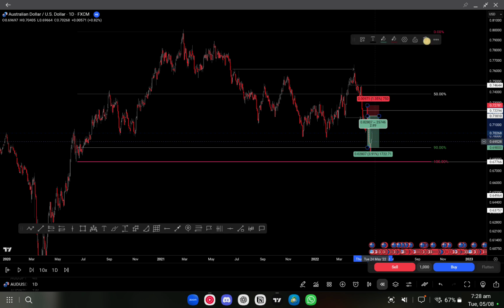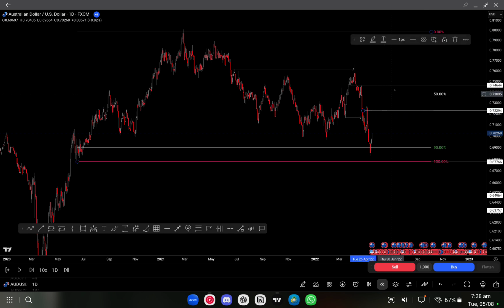I think what's possible right now is we're probably going to see price come back up to these areas, and then back down, and then we just go do whatever we have to do. If that's going to be the play, that's something that we'll bear in mind.